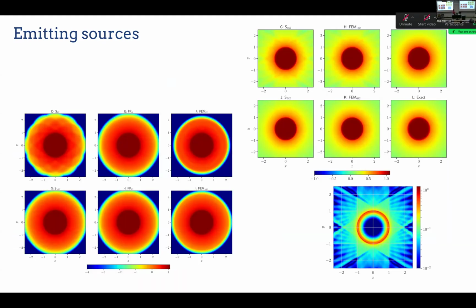So we also tried playing around with different types of sources, maybe a slightly more realistic example where you have this sphere which is emitting radiation. In this case, this is not a sphere, this is a cylinder which is emitting radiation. And you try to see how things behave with different types of schemes.